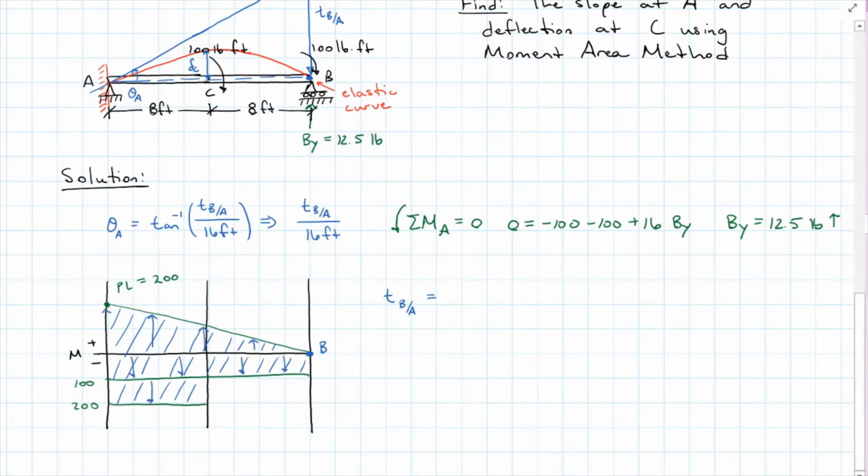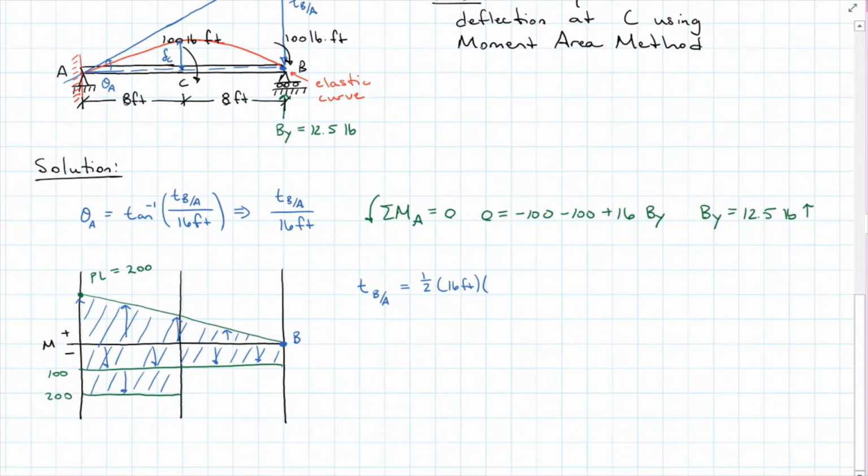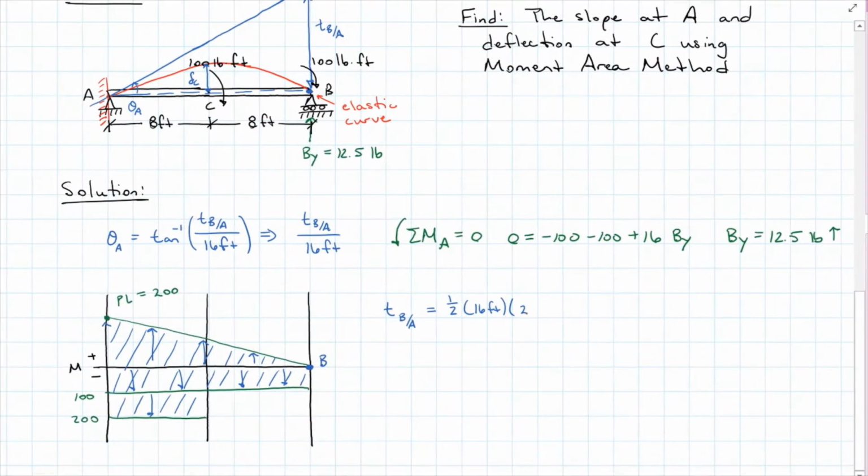Then our triangular load, 1/2 base times height times the distance to its centroid from B, and this will be acting clockwise, so we're going to subtract it from the equation.